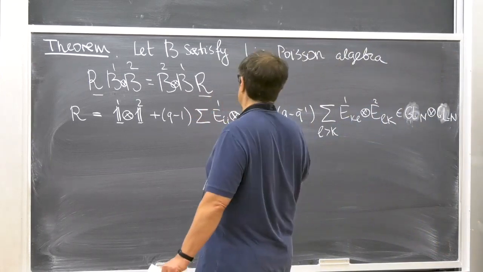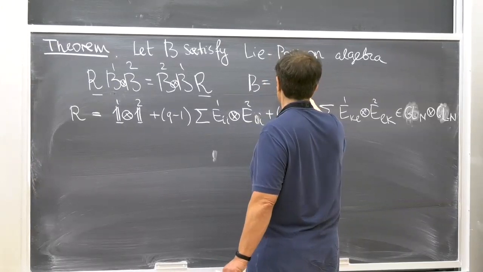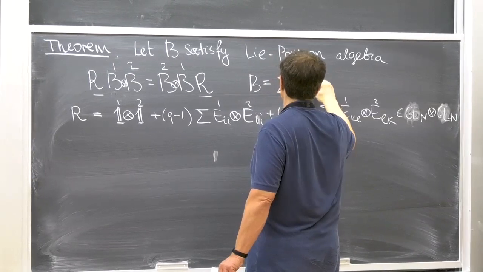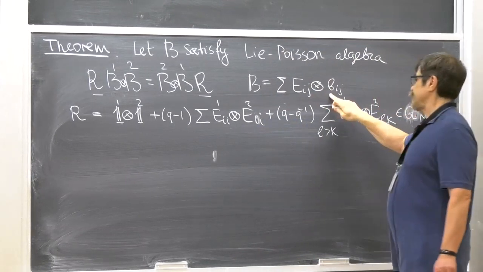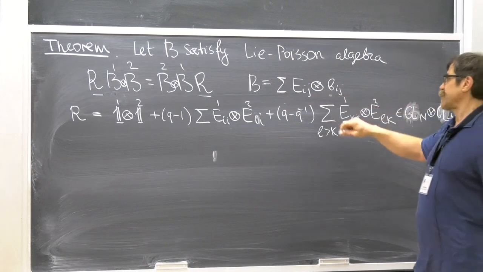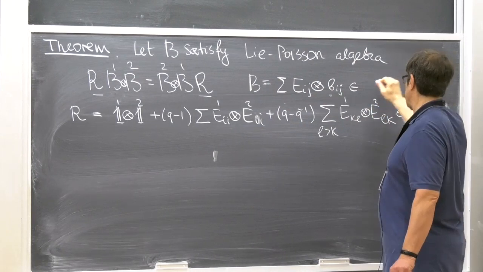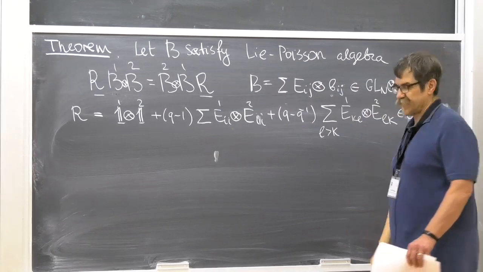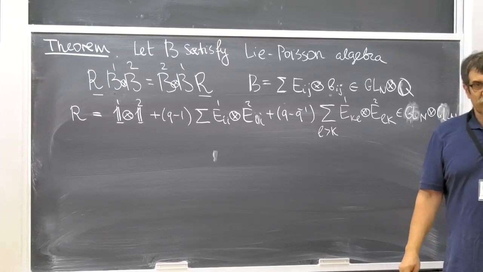But with B, something different, because for B, if we come to definitions, it's some E_ij cross B_ij. But these elements usually are not numbers in this case. They are actually operators in some, what we call, quantum space. So they are operators.